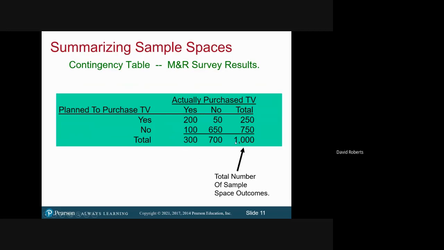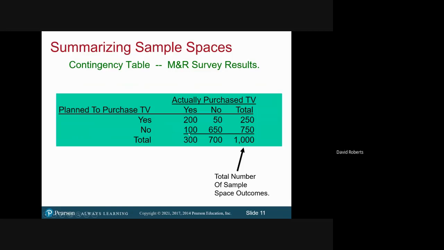Now, again, you have a probability table, and this is a 2x2. Yes, no, yes, no. I plan to purchase a TV and actually purchase a TV. So you can see the total sample is 1,000. Somebody who planned to buy the TV was 200, and they actually did buy it, but some planned to buy a TV, and then something came up and they didn't, was 50.